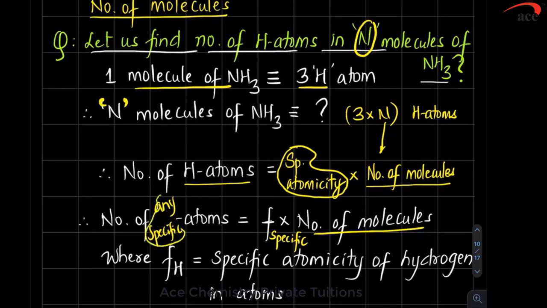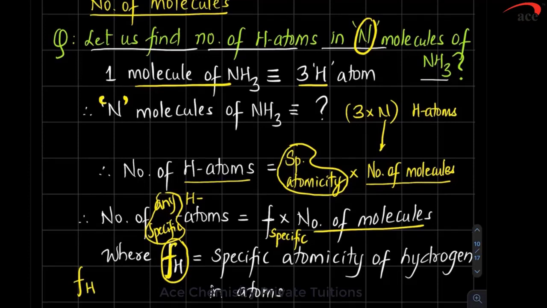Imagine in place of number of specific atoms, you want to find the number of hydrogen atoms. Then what will you do? You will multiply by the specific atomicity of hydrogen. We will use the symbol F for specific atomicity. If you want to say the specific atomicity of hydrogen, put FH.